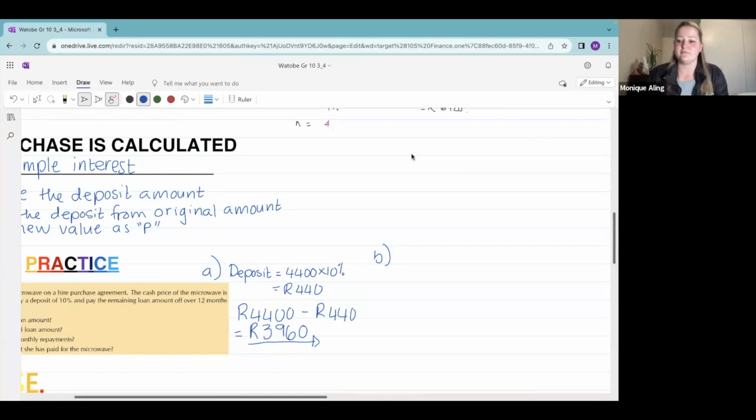Are you there? Just press unmute. There will be a pop-up notification on your screen, Amber. You can just press unmute. Or if you're on your phone, just swipe to the left that says speak and then click on the speak.